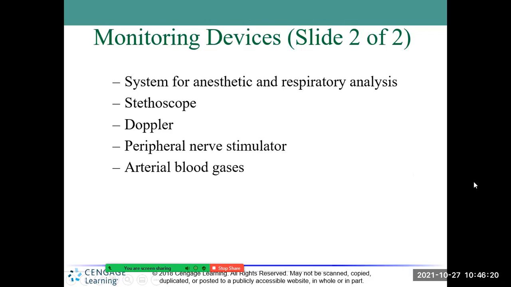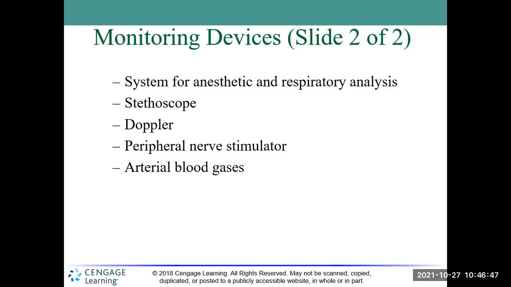And so then in the OR, and this is usually going to be on the anesthesia provider, they're going to have the respiratory analysis and anesthetic, and you just saw that stethoscope, because once the ET tube is placed, they've got to listen and make sure that it's in the right place. A Doppler may be used for any kind of IV access that's hard to obtain.